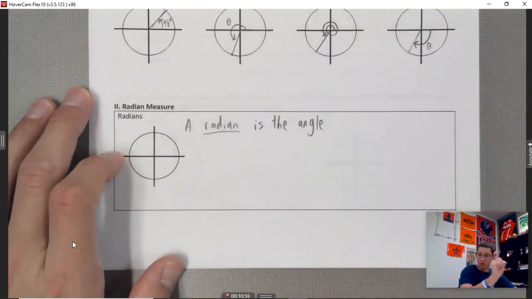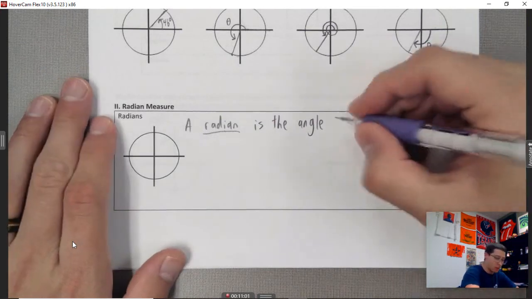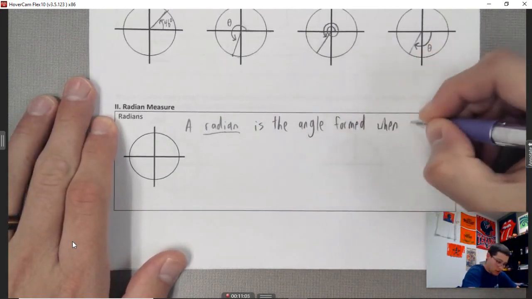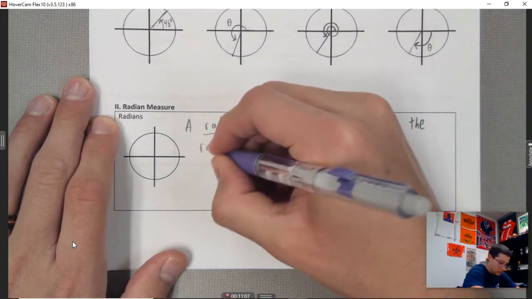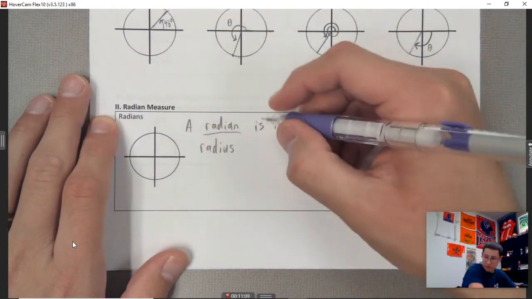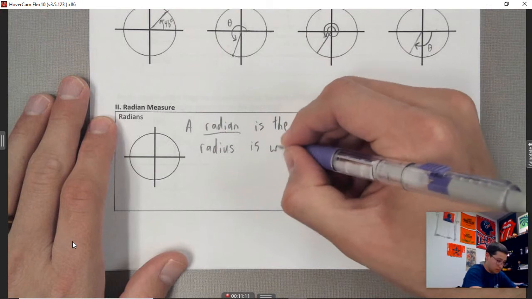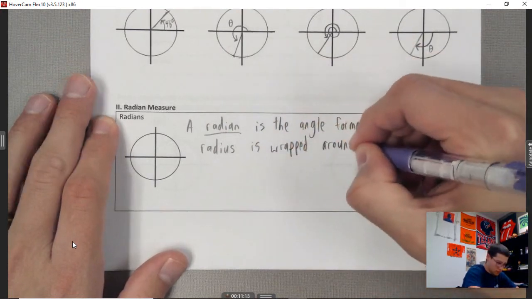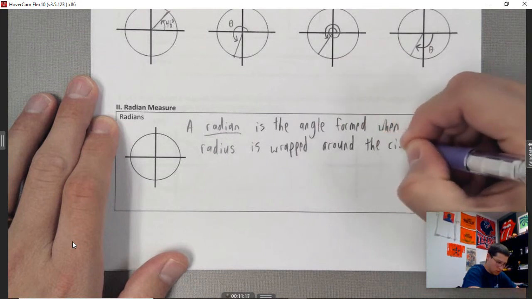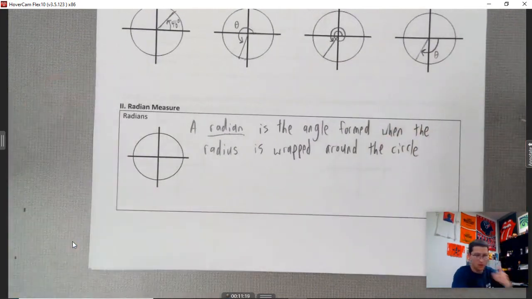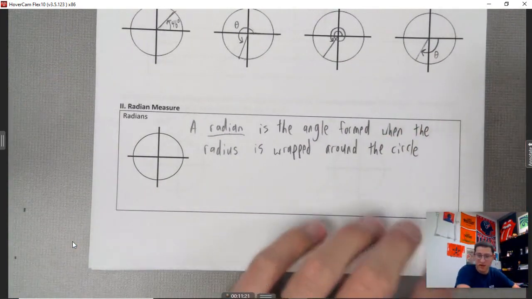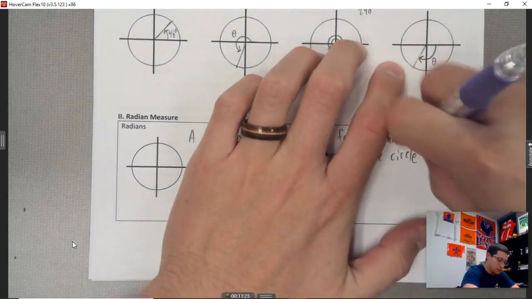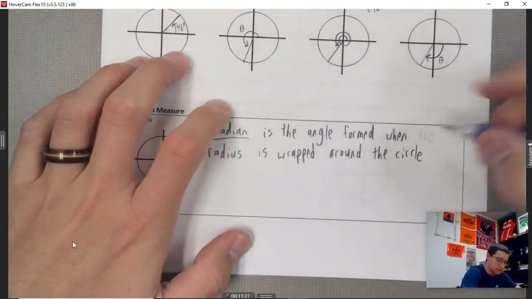One radian is the angle formed when the radius is wrapped around the circle. Just one length, 1 radius.